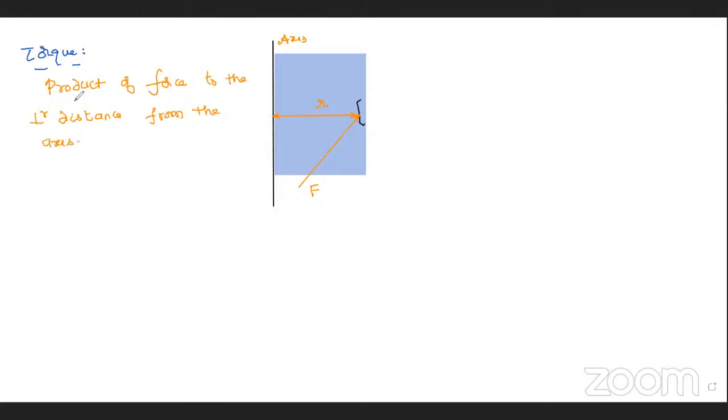That is usually represented with the letter tau. That's why I wrote tau, torque, here. Torque, we write as tau is equal to force F into perpendicular distance. Yeah, this is the formula.